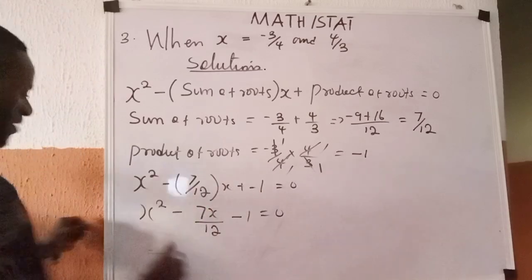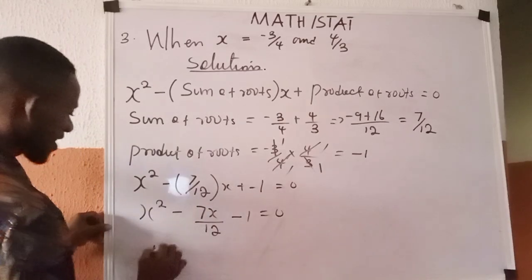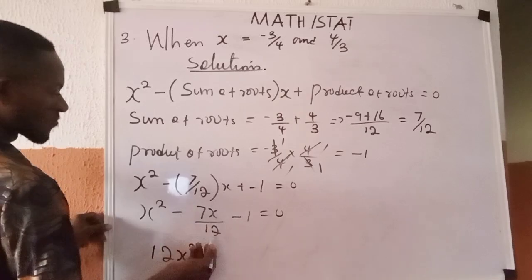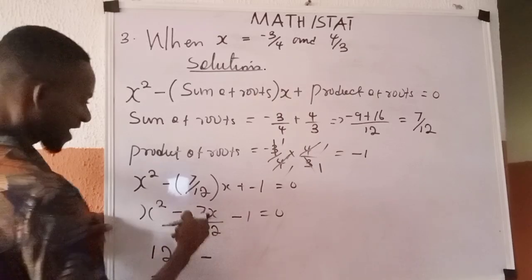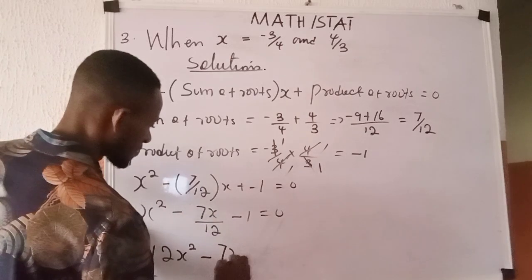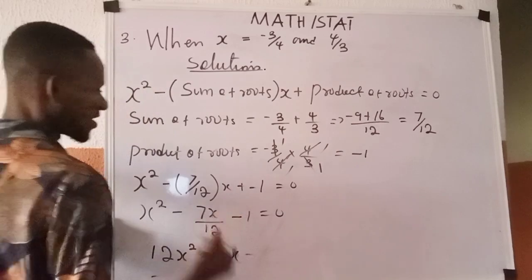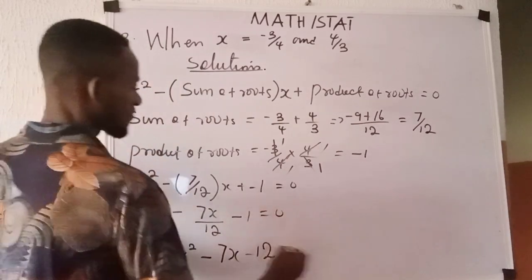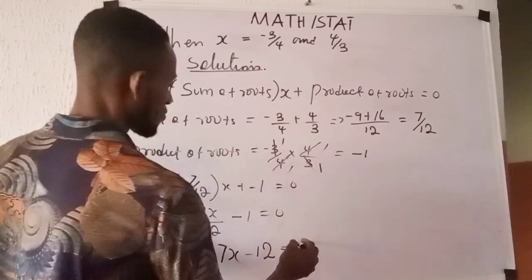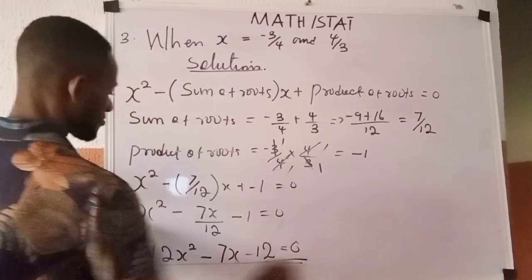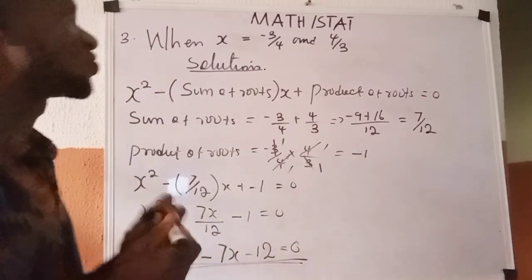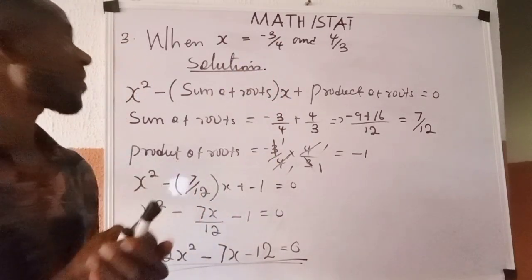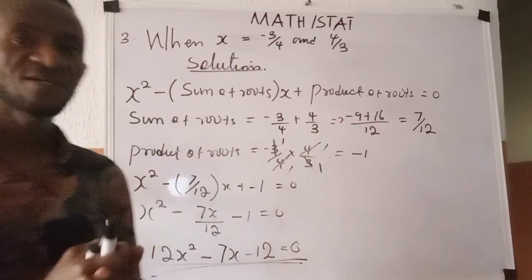So what you are going to have becomes 12x raised to power 2 minus, when you use 12 to multiply this, the 12 will cancel that 12, and you are left with 7x, minus you are equally using 12 to multiply this one, which becomes 12. When you use 12 to multiply 0, it will still return 0. And this becomes the quadratic equation whose roots are given as minus 3 over 4 and 4 over 3.